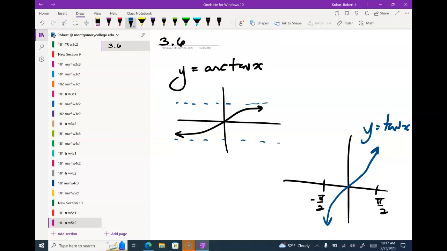And we also know that inverse functions are reflections about what line? Y equals x. So a reflection about the line y equals x. Actually we'll rotate it once and then flip it around. So we'll rotate, right, and then flip.